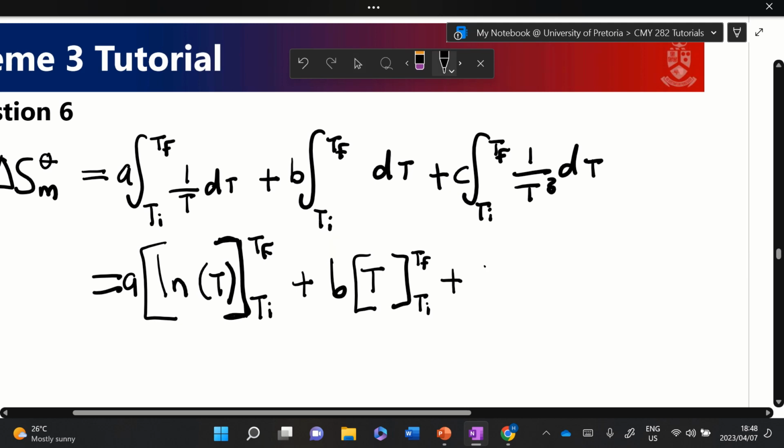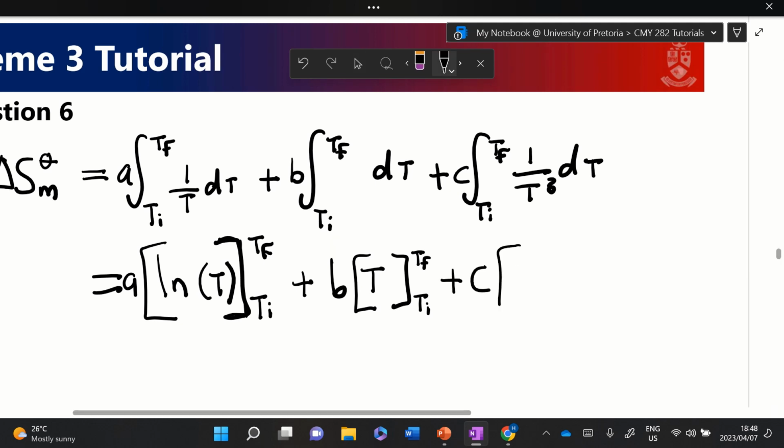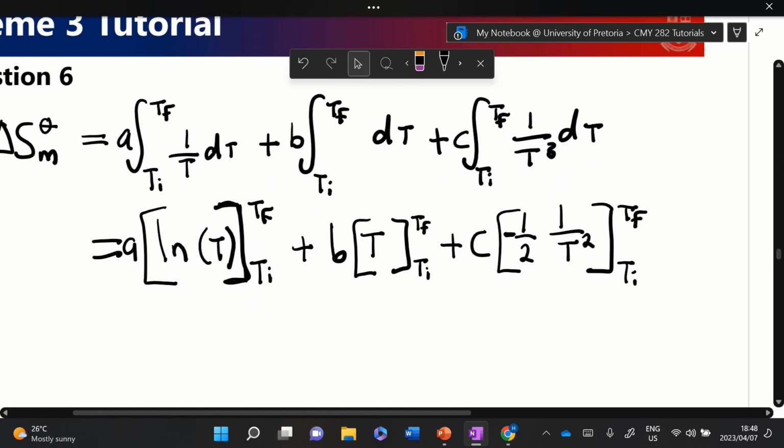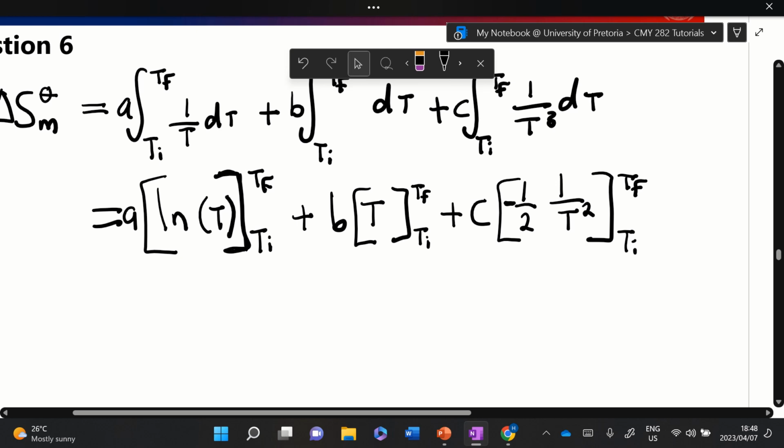So anyway, and then the final one, this one is a bit more complex. The integral of t cubed is going to be a half 1 over t squared, but minus a half t squared between ti and tf. Okay, so let's think about it.